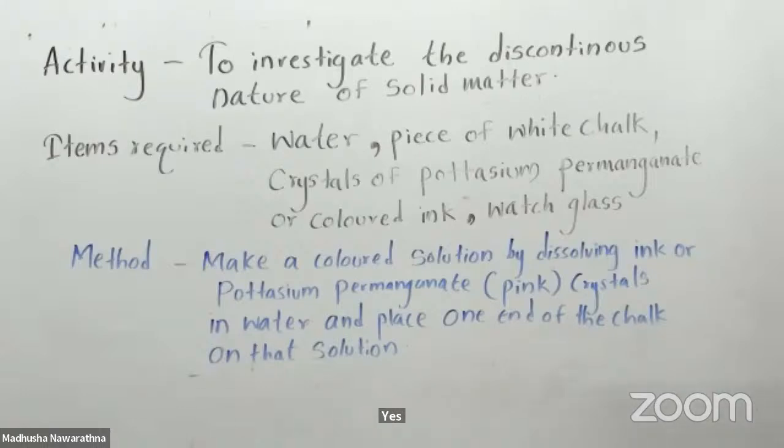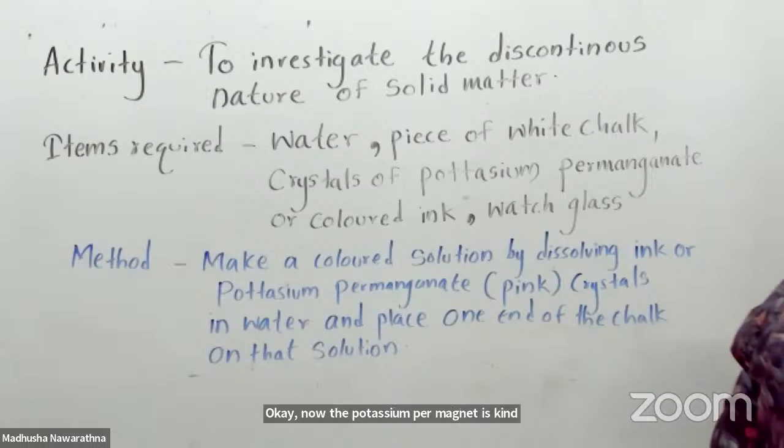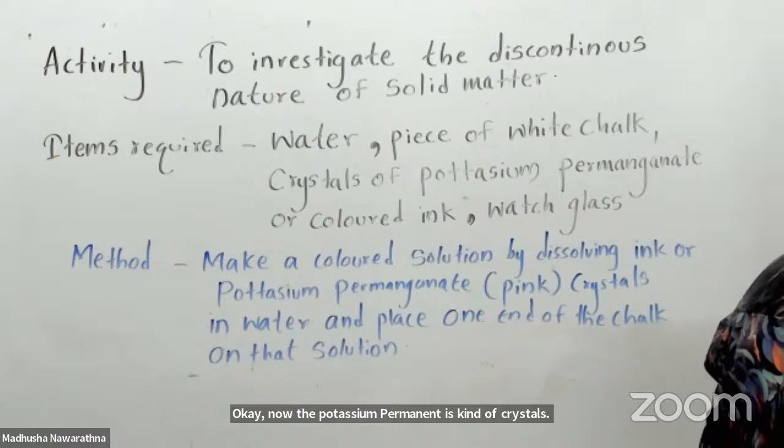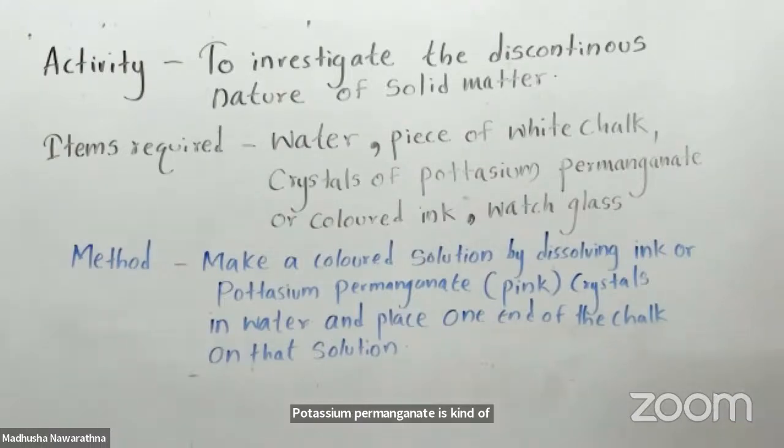Right. Okay, now the potassium permanganate is a kind of crystals. Potassium permanganate is kind of crystal where once you dissolve it in water, you can observe what color solution?